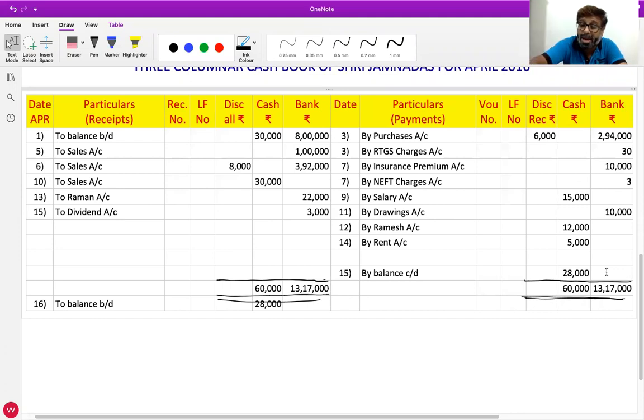If you subtract, what do you get? 10 lakhs 2,967. 10,02,967. Do you all get this amount? Yes. Write it on opposite side also, after 28,000, 10,02,967. Is this clear?